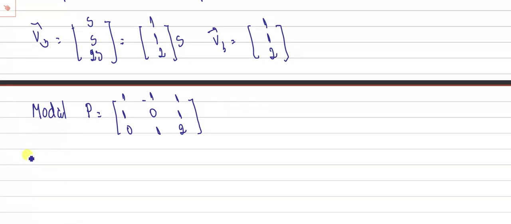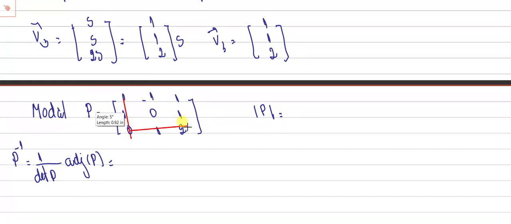So I just find P minus 1. P power minus 1 is equal to 1 over determinant P times adjoint P. Determinant of P is, I take this one, plus, I omit this one, and this one. So I got minus 1. Is 0? No need.